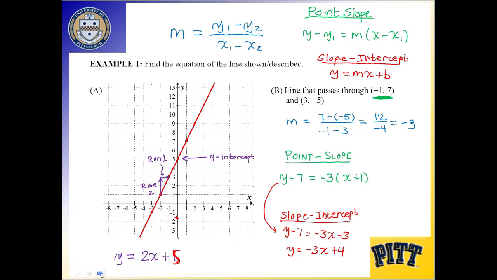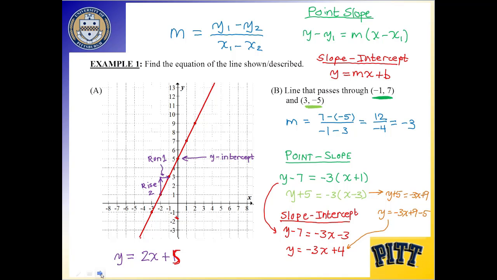Now, as I said, I could have used the 3, -5. A lot of students will ask, what if I use the 3, -5? Wouldn't I get a different formula? Yes, for point slope. If I do point slope, I'm going to have y plus 5 equals -3 times the quantity x minus 3. However, if I go through the same process of distributing the -3 and isolating the y, I get back the exact same slope-intercept form.